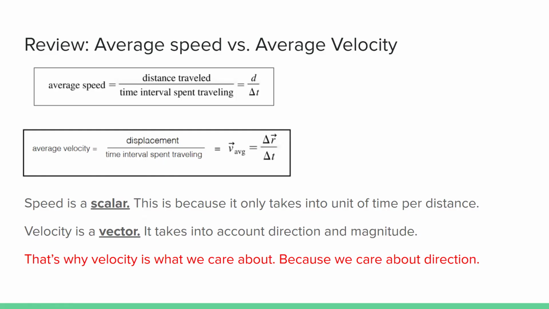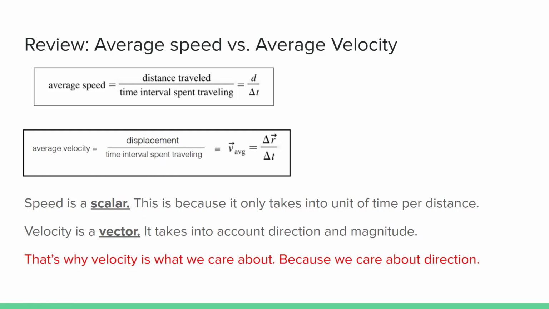But on the other hand, velocity is a vector. And as we talked about in the last video with that picture of the Despicable Me, you might remember that a vector has direction and magnitude. So it has two things. So we have more information with a vector than a scalar.